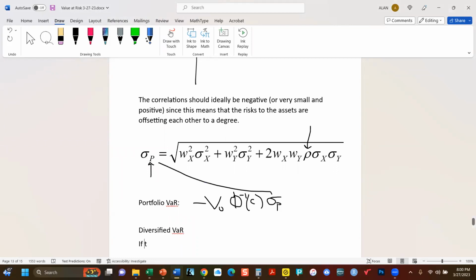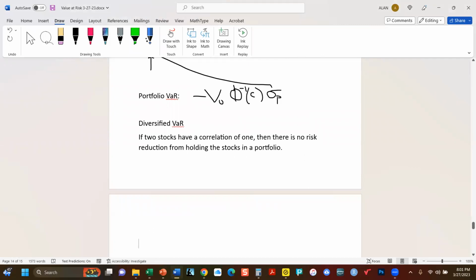if two stocks have a correlation of 1, then there is no risk reduction from holding the stocks in a portfolio. In other words, for all practical purposes, they might as well be the same stock. It's like if you had Texaco and Texaco, then you're going to end up with a total VAR of the sum of the two stocks. So 1 means no diversification at all.